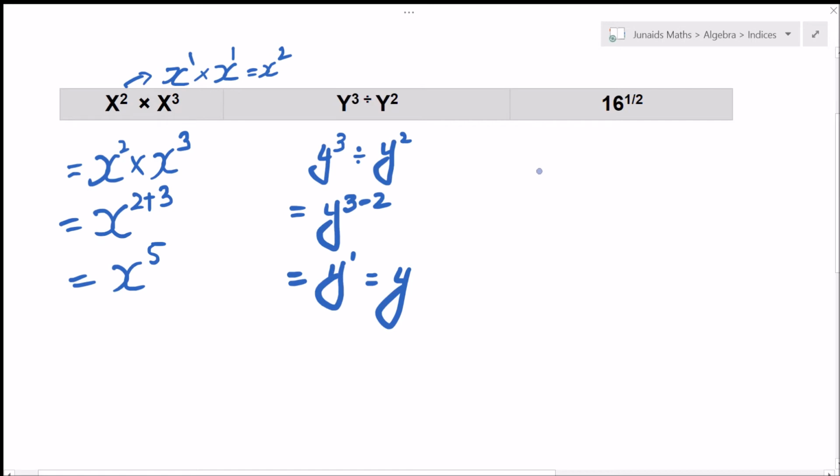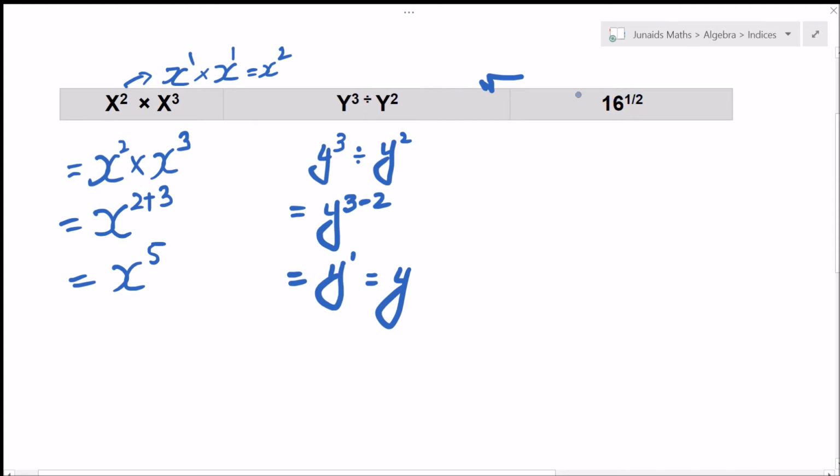How do we actually solve this question? You would have seen a square root before. The square root, which looks like this, or some people say under root, has a power of half.